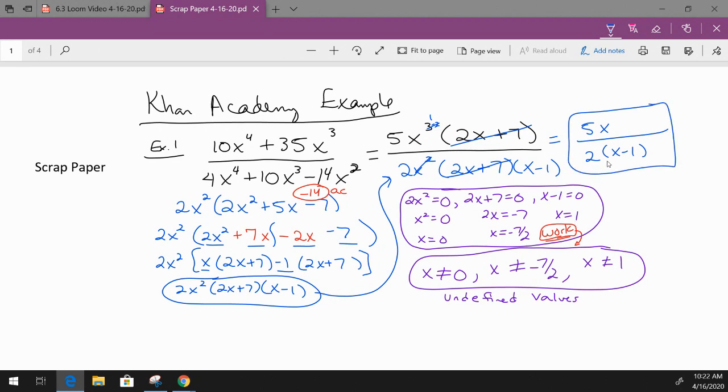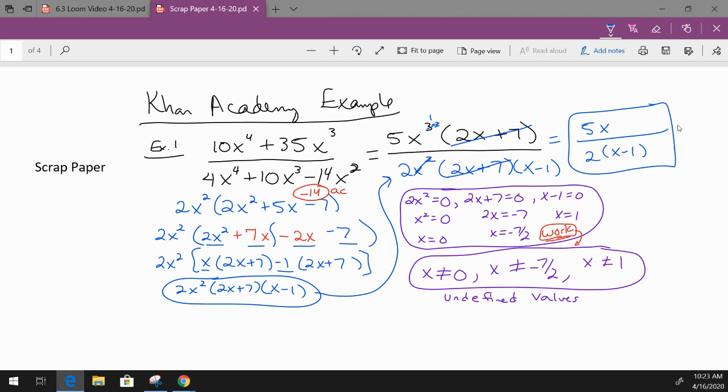However, on Khan Academy, they are asking you to put it in what form is that? They call it expanded form. Now, I'm not exactly sure, I've never heard that expression before, but as I've been looking at the answers that are correct, that basically means it looks like it's in standard form.